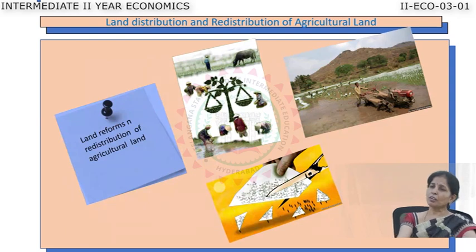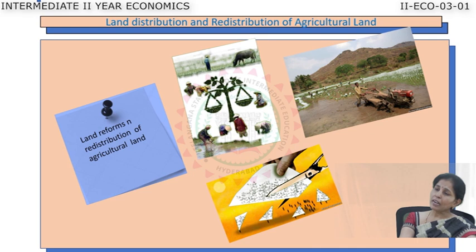When I talk about land reforms and redistribution of agricultural land, it shows that we have to redistribute the agricultural land so that there is equal distribution of land holdings to all the farmers. That is the most important thing so that we can reduce inequalities of land holdings in the rural areas. So redistribution of agricultural land will facilitate equal distribution of land holdings.